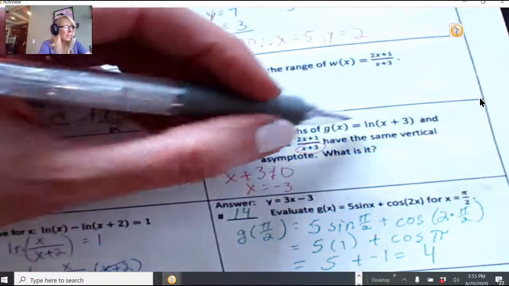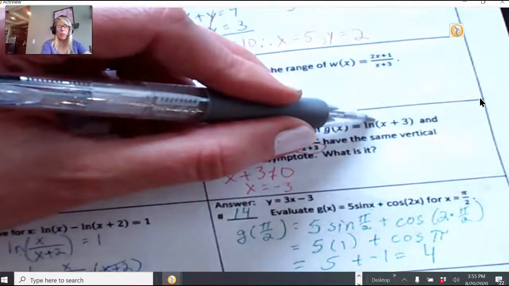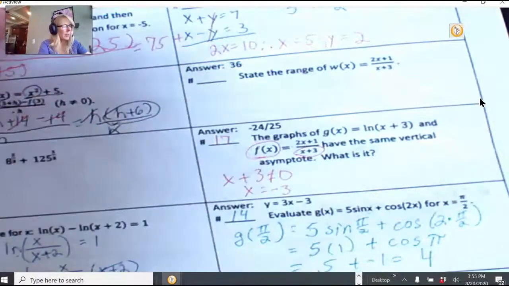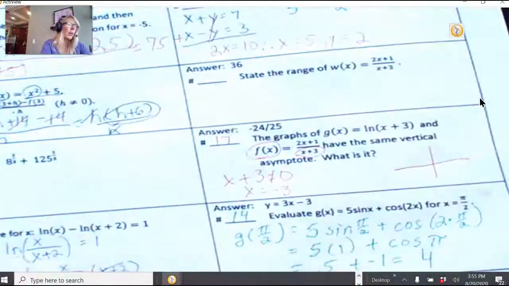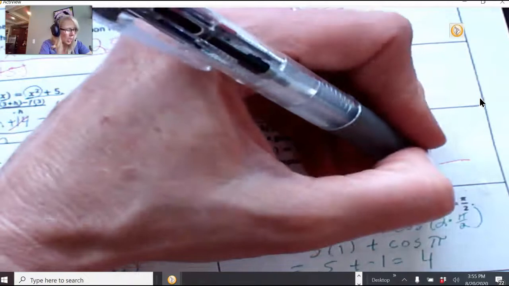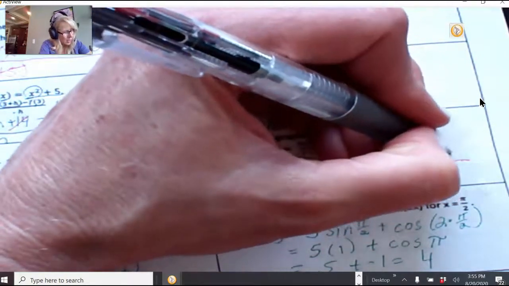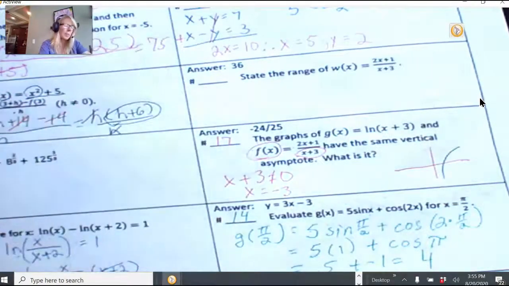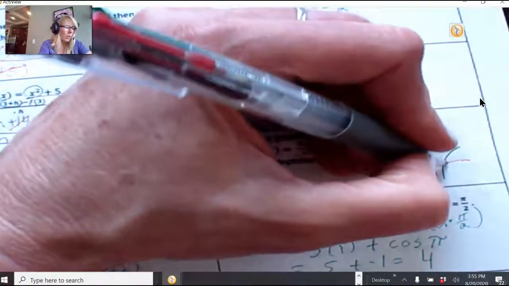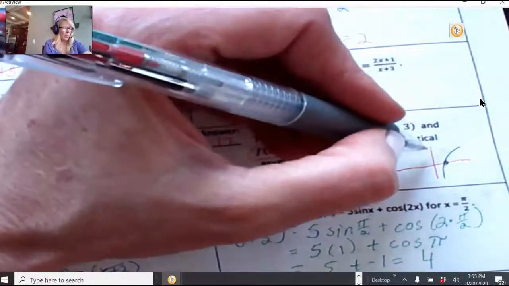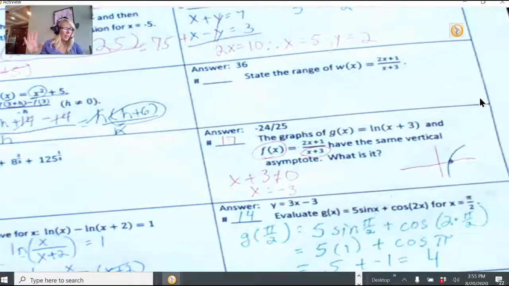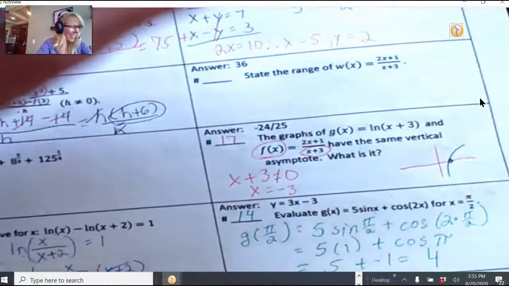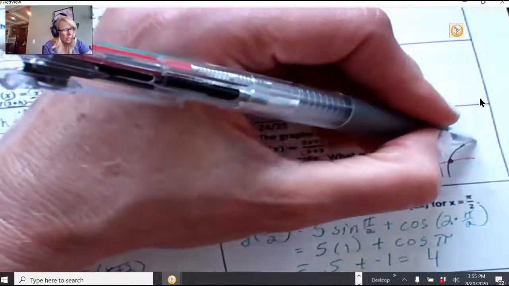Now, why is that the same over here for our natural log of x plus 3? Quick little refresher here too. If you graph the natural log here, it kind of levels out as you go up.